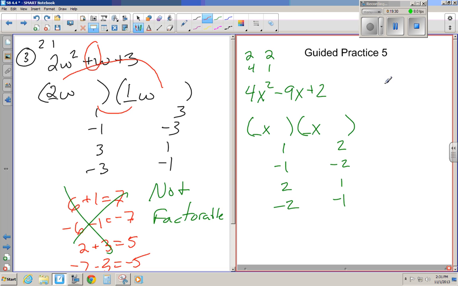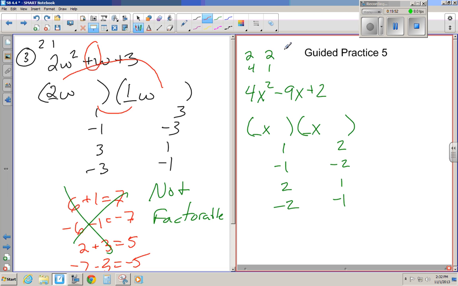Remember, if you write all of the possible factors of C, you only have to do one set of the factors for A, and vice versa. If you do all the possible factors of A, you only have to do some of the ones of C.